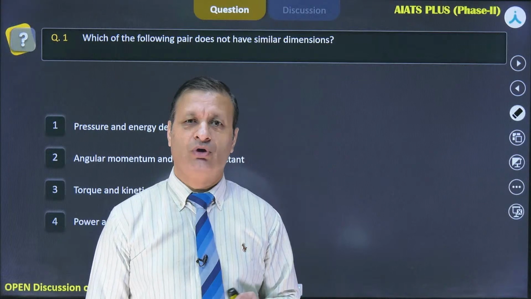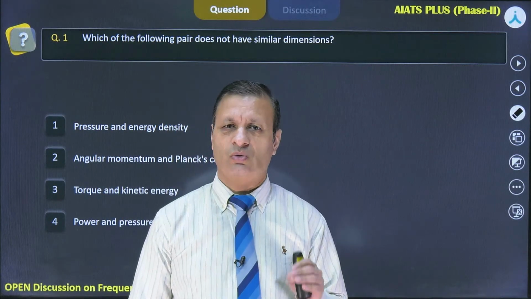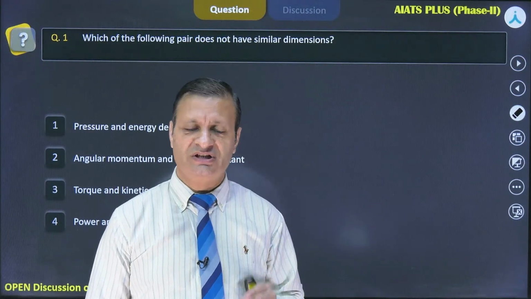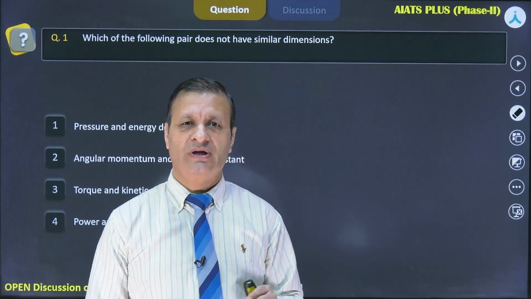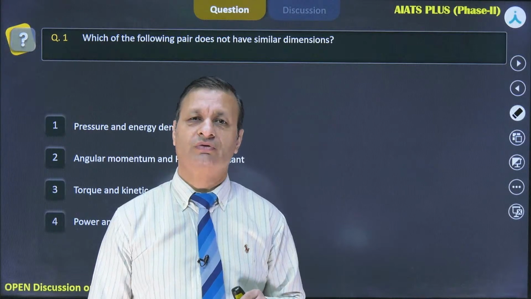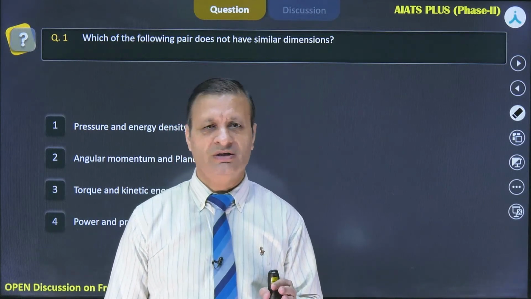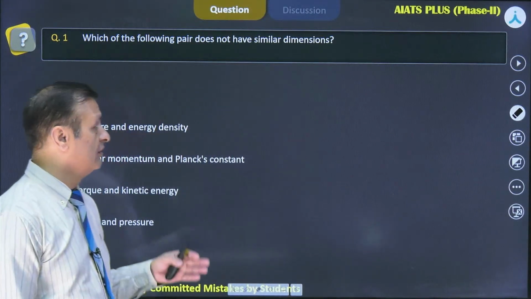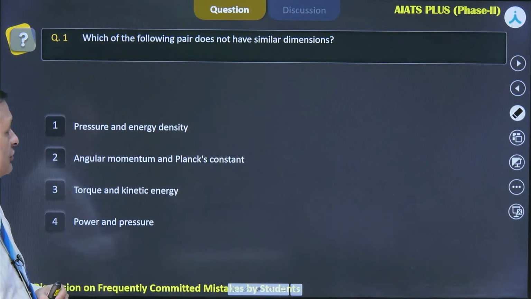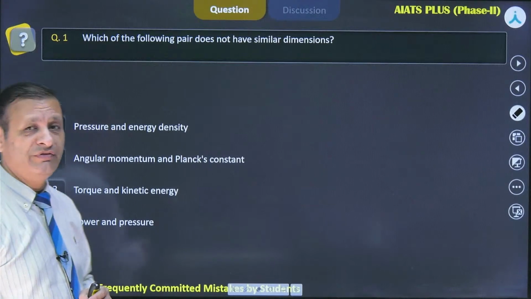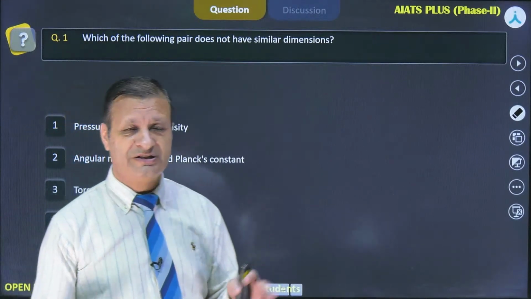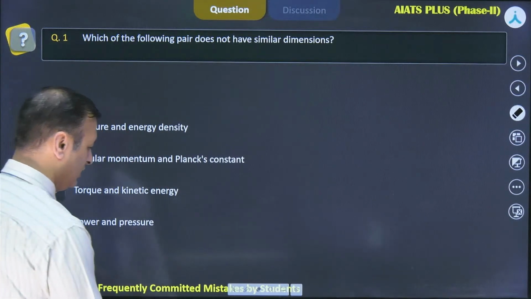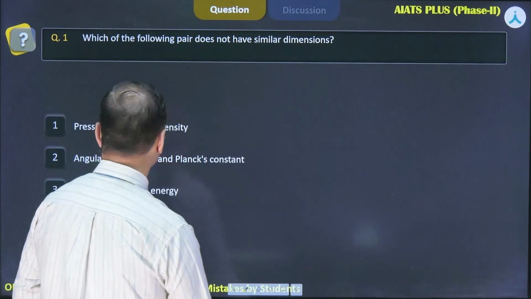The importance of this chapter is quite high, because if you know the basic formulas, then you can solve most of the questions just by putting the values in the numerical formulas. So we have to identify which pair does not have the similar dimensions. Very easy. Let's attempt this question.